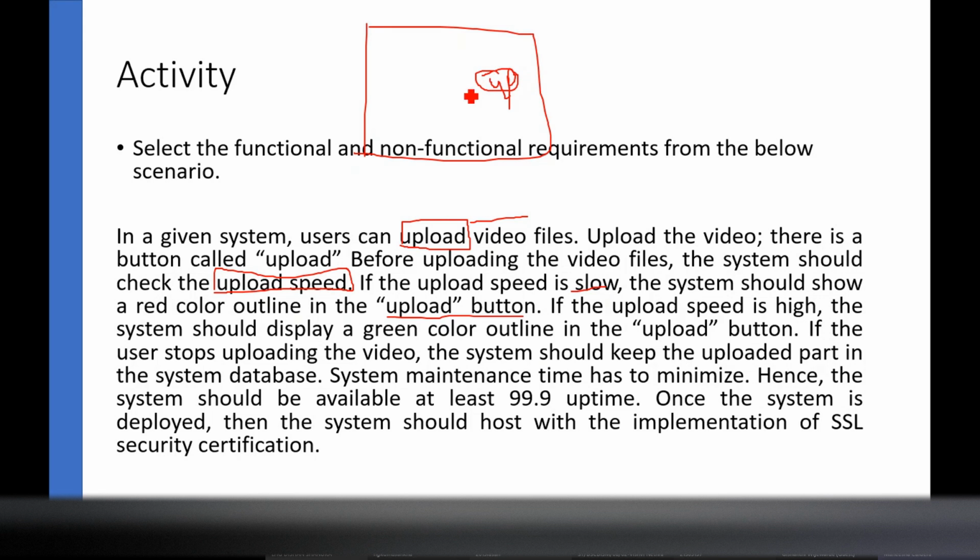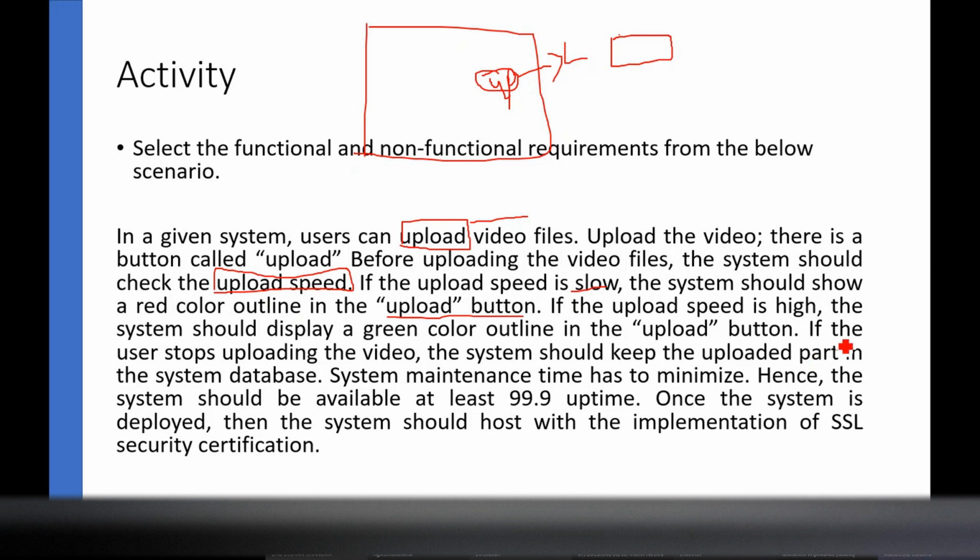So before performing any upload, you should check your network speed, your internet speed, upload speed. If it is low, the outline of this button should be in red color.